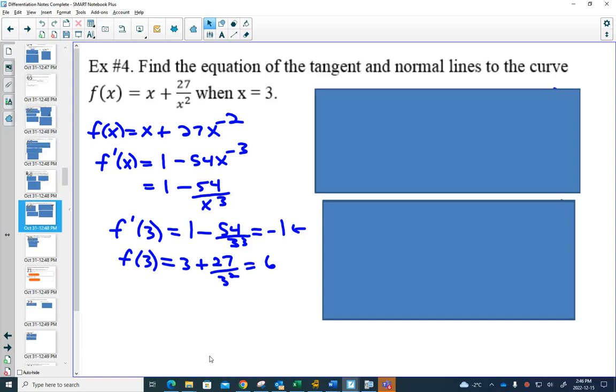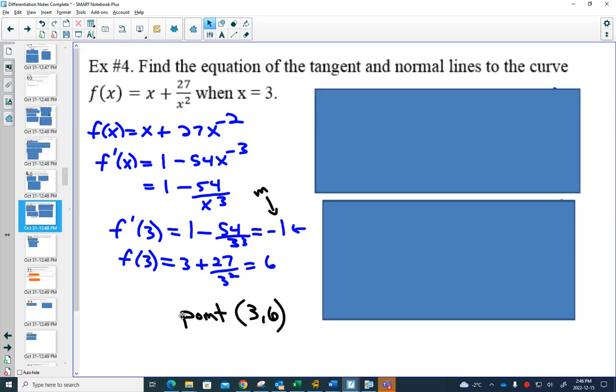The derivative will be -1. But if you plug 3 into your derivative, the -1 is your slope. If you plug 3 into your original equation, you will just find the y-coordinate of your point.